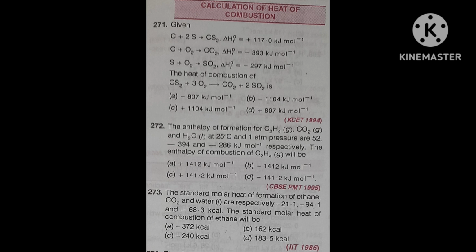Next question. The enthalpy of formation for C2H4 gas, CO2 gas and H2O liquid at 25 degrees centigrade and 1 atmospheric pressure are 52, minus 394 and minus 286 kilojoule per mole respectively. Again I am reading the question: the enthalpy of formation for first C2H4 gas, second CO2 gas and third H2O liquid are given, 52 for C2H4, minus 394 for CO2 and minus 286 for H2O liquid, kilojoule per mole respectively.